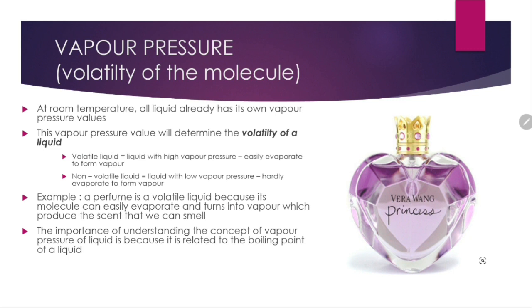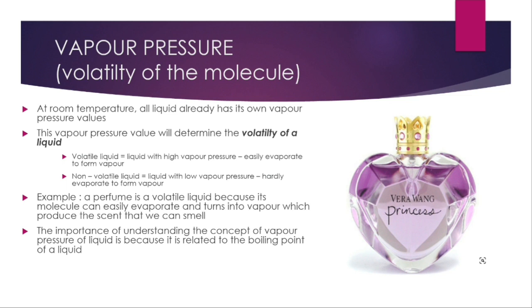Okay, so vapor pressure is largely related to the volatility of the molecule. As you enter the lab, some of the reagents we classify as volatile liquids and some as non-volatile liquids. Volatility means how easily the liquid molecules convert into vapor or gas molecules. High volatility means it's very easy for the liquid molecules to be converted to gas.